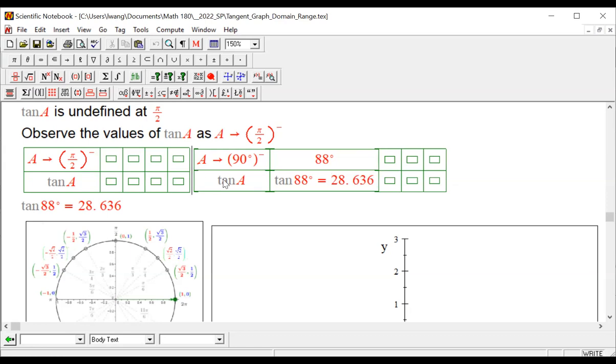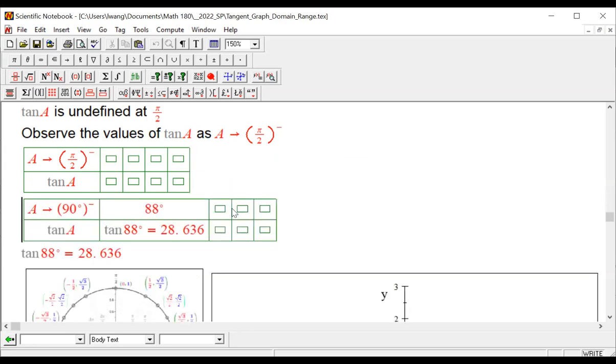So this is if you work with degrees. Let's work a couple more. Suppose 88 degrees, how about 89 degrees? Let's look at tangent 89 degrees. Check on your calculator, it should give you some numbers. Wow, more than 57.